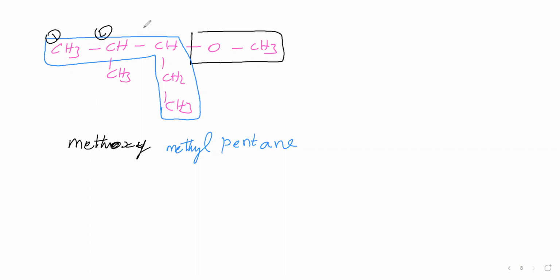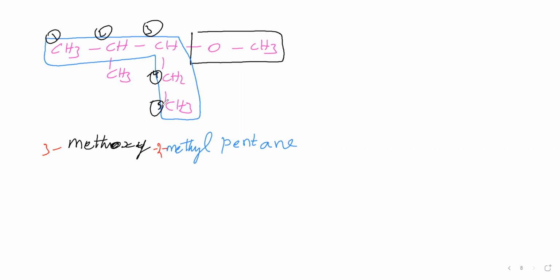Start from left. Don't start from right, because whichever side you start, this methoxy gets the third position, but methyl gets the second position if you start from left. Therefore methoxy position is 3, methyl position is 2. Therefore, the name of this compound is 3-methoxy 2-methyl pentane.